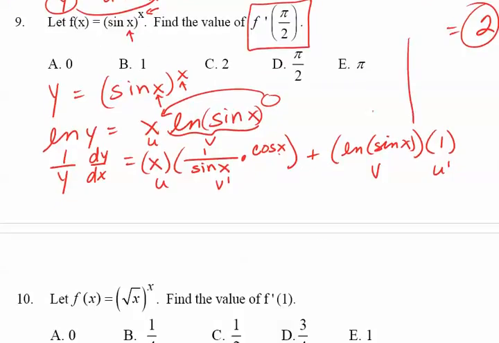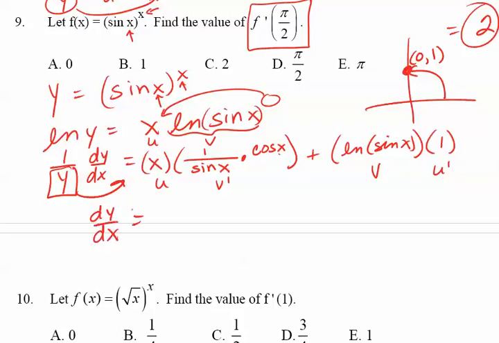And remember, that's how I recognize this at pi over 2. Remember that cosine is 0 and sine is 1. Okay, so we really should move this y to the other side, though, I guess, first. So dy dx. And when we multiply the other side by y, we're going to put what it's equivalent to. Y is equal to, when I move this y to the other side, y is sine of x all raised to the x.